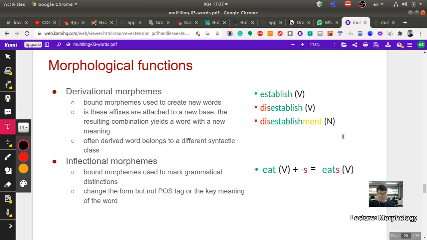Morphological functions: derivational and inflectional. So these are derivational morphemes. In the Kazakh language they are called жалғау and жұрнақ, because жалғау is when you make not a new word but a new form of the word.